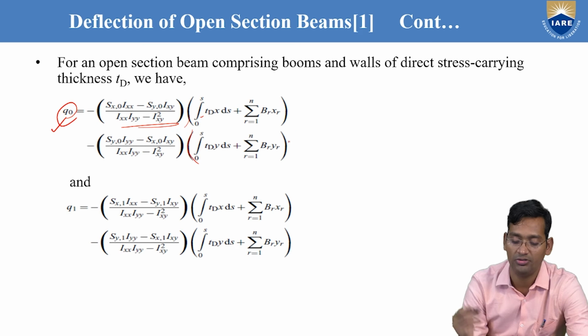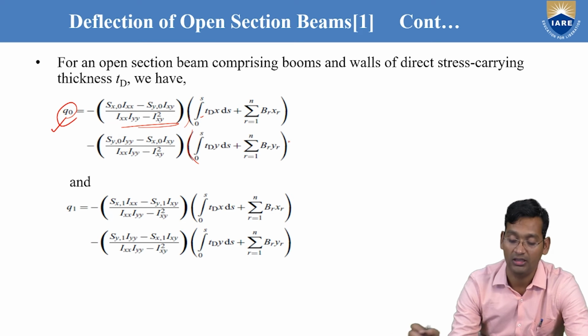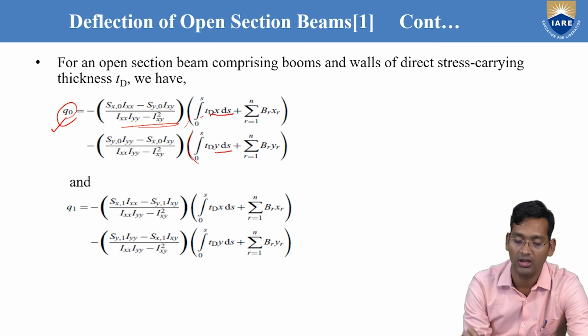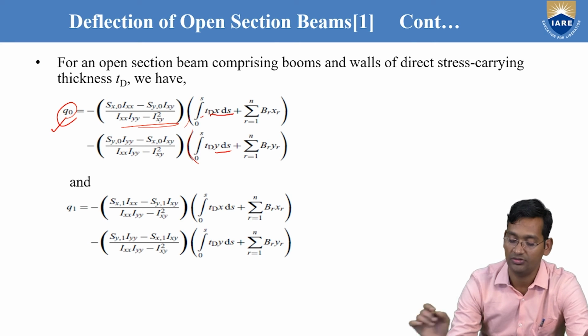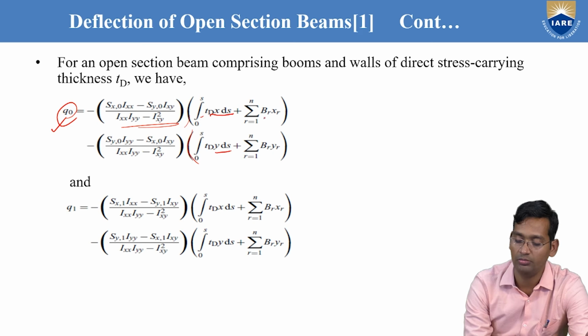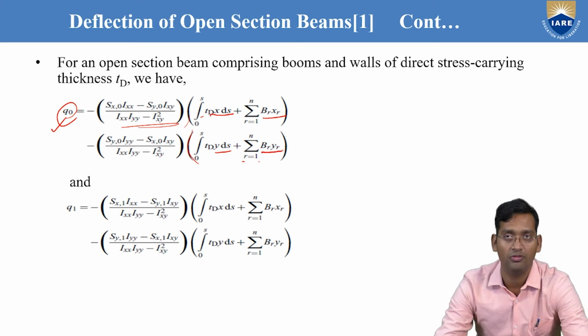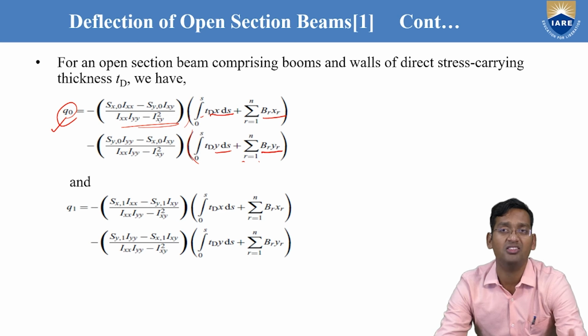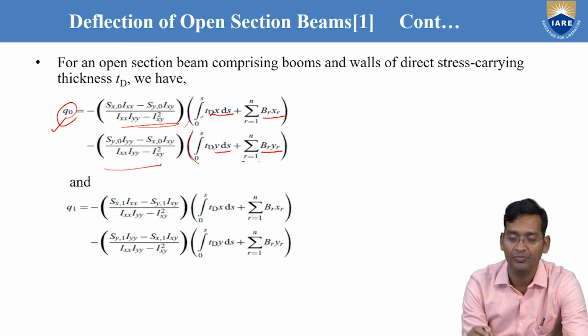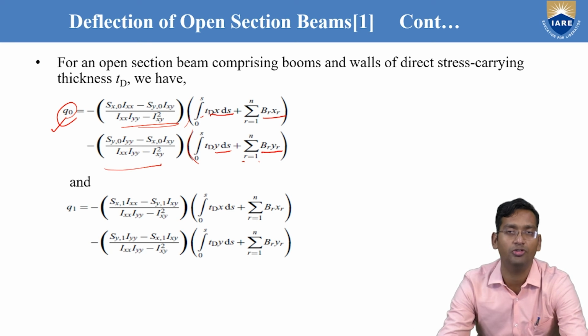Then another term is the integral from 0 to s of tD y ds, here x ds and here y ds, plus the sum from r equals 1 to n of Br yr. So simply from the same equation, just replace wherever x is there with y for this one.